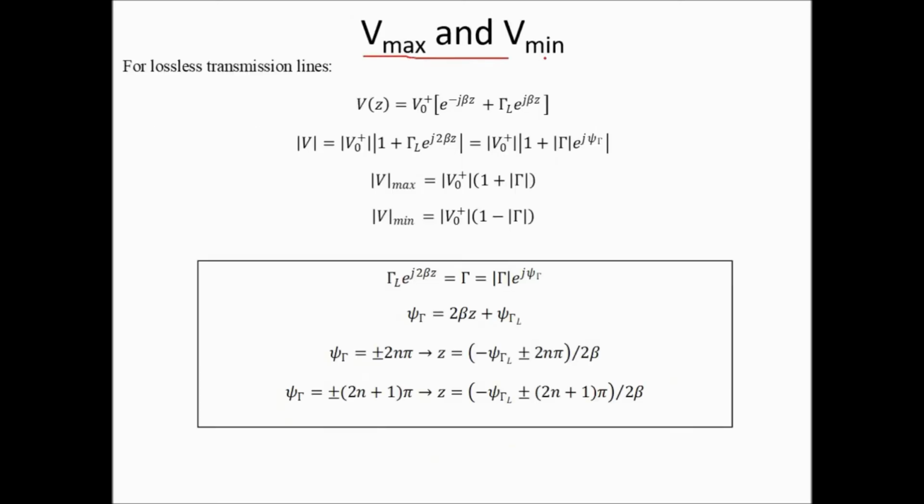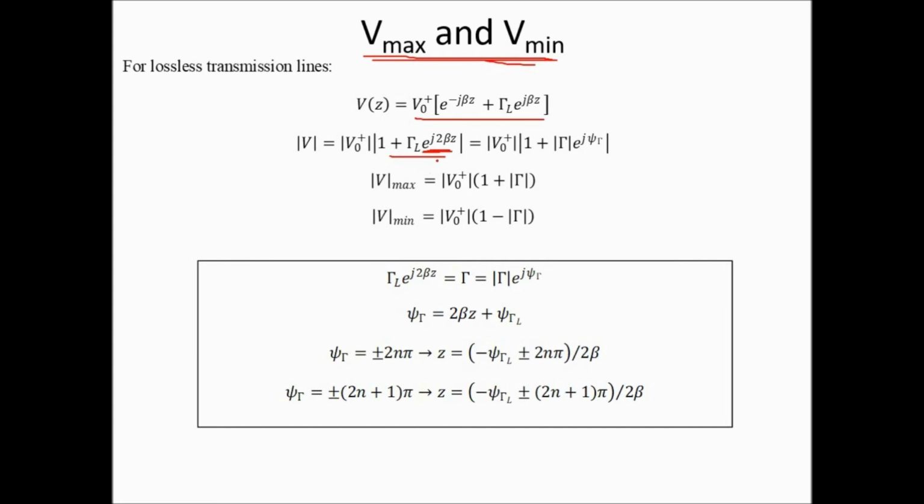So we have to find the maximum and minimum voltage, Vmax and Vmin. For a lossless transmission line, we got an expression like this. Now if you take the magnitude of V and want to find Vmax, take this magnitude and this magnitude. As you see here, the magnitude will be highest if this value is positive 1.